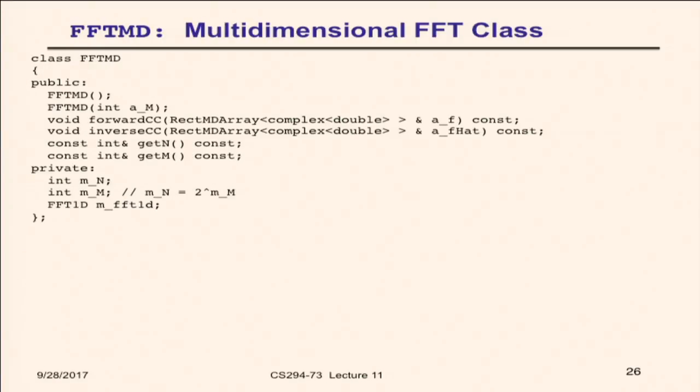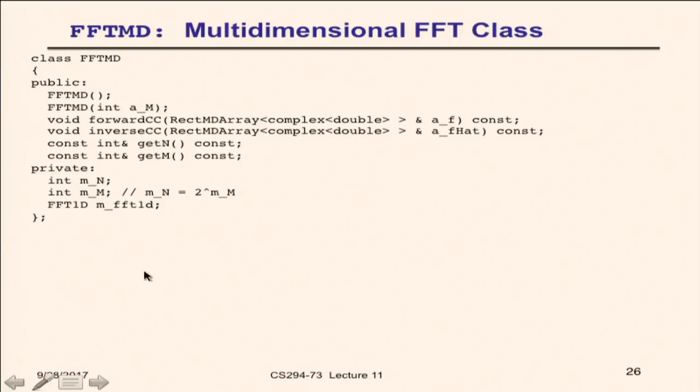Now, given that 1D class, I could build a perfectly okay multidimensional FFT class. Again, I'd input for cubic data, so to speak, the power of 2 it was going to be in each direction. I'd have a forward FFT that would be a rectMD array of complex of doubles that would take f as an input and update it in place to give me the forward transform out, and an inverse FFT that would take f hat as an input and update in place to give me the inverse transform out, and then access functions.